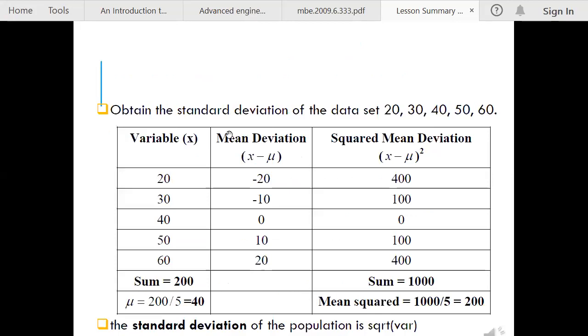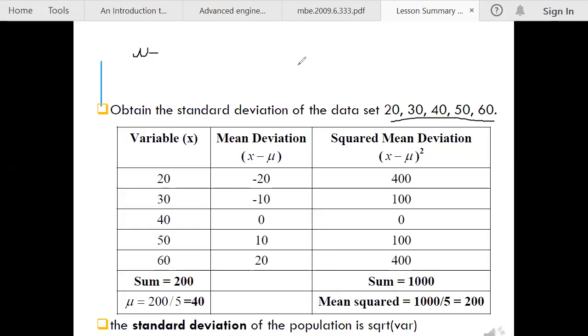We have the data 20, 30, 40, 50, 60. Like I said, the first step is to find the mean of the data.